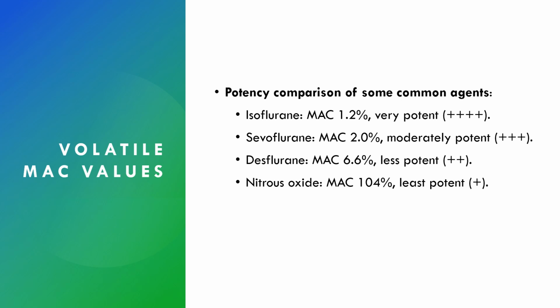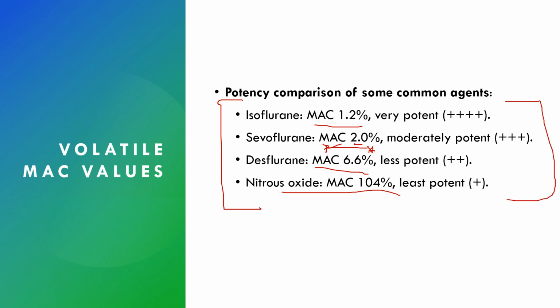So just a very basic review here, so we don't forget. Isoflurane, MAC of 1.2, sevoflurane 2.0. You'll see a very wide varying range, but we're going to remember 2. It's usually 1.8 to 2.2 is your general range for sevo. Desflurane 6.6 and nitrous oxide 104%. So MAC is a discussion of potency.